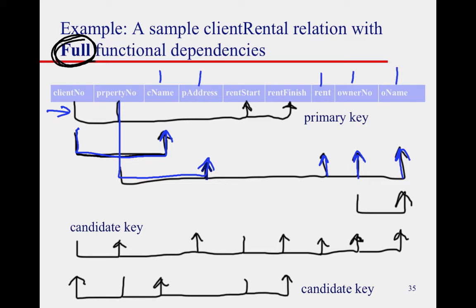We only need the client number for that. Therefore, that first dependency right here does not include client name. For the same reason, it doesn't include property address because a subset of those attributes, namely property number, is able to determine property address.